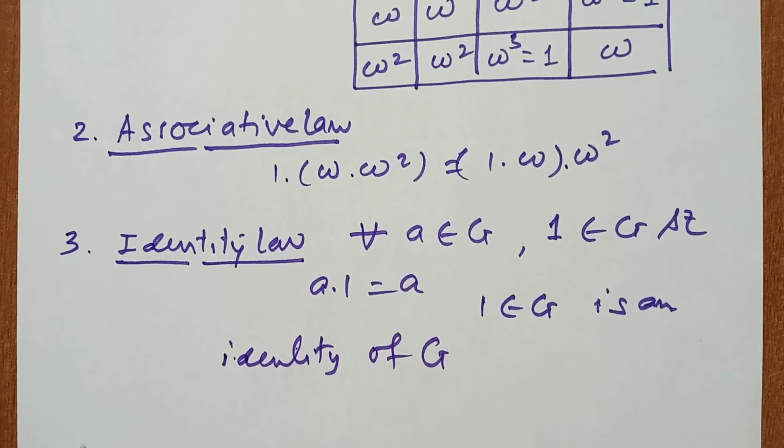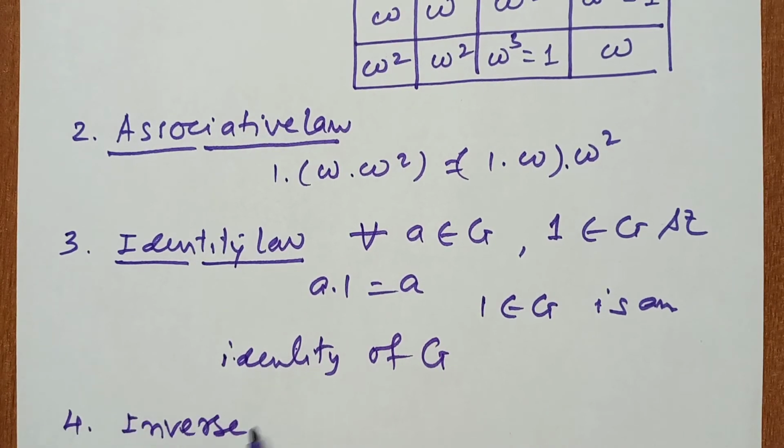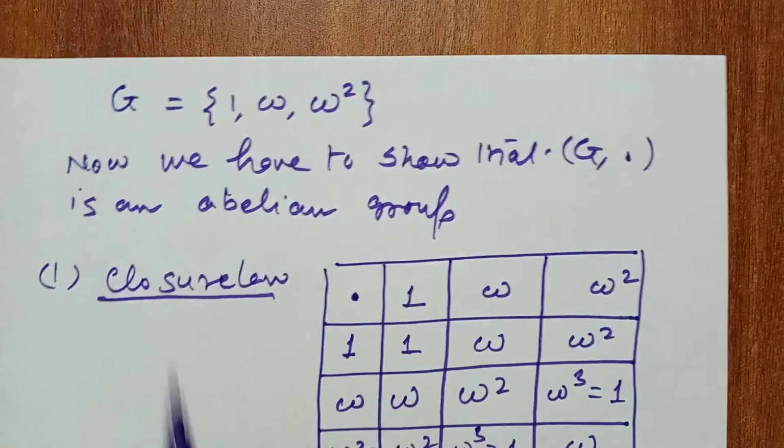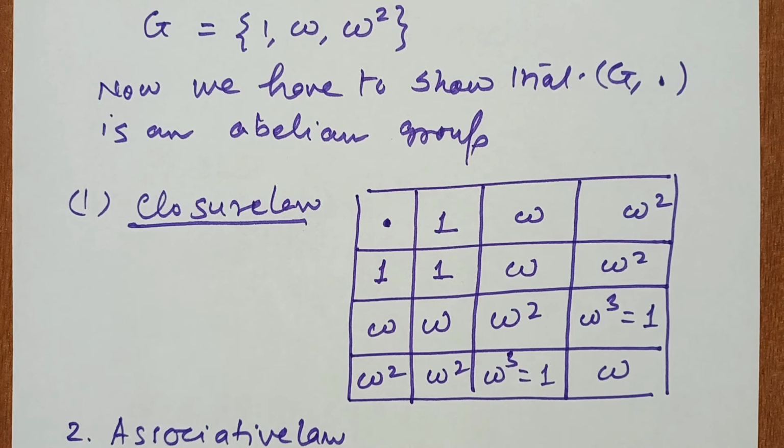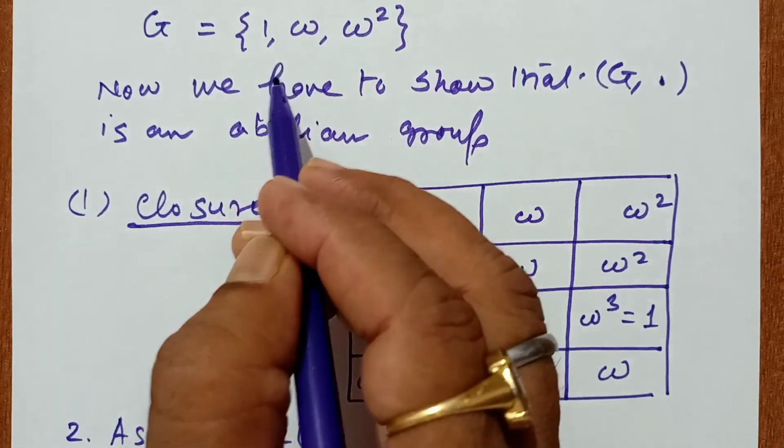Next, the fourth property is the inverse axiom, the inverse law. Inverse means the set has an inverse for each and every element. In multiplication we know that if a is an element of G, the inverse is division, meaning 1 by a. So the inverse of 1 is 1 by 1, which is 1.